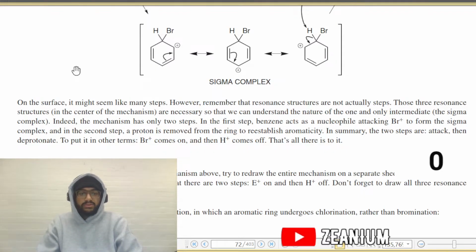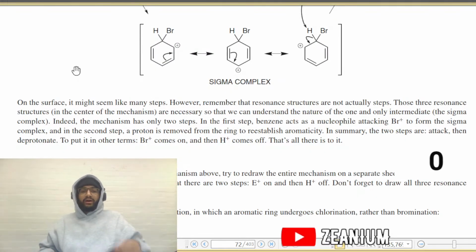In the first step, benzene acts as a nucleophile attacking Br plus to form the sigma complex, and in the second step, a proton is removed from the ring to re-establish aromaticity. In summary, the two steps are attack, then deprotonate, and to put it in other terms, Br plus comes on, and then H plus comes off. That's all there is.